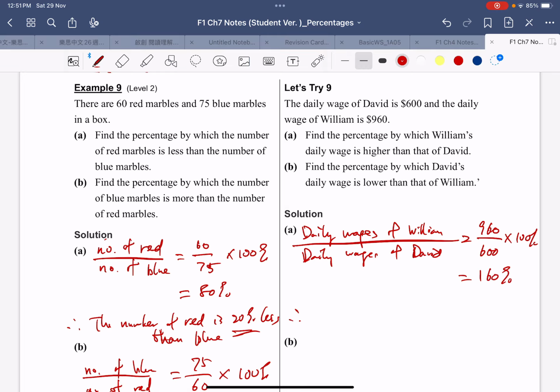And therefore William's wages are 60% higher than David's.